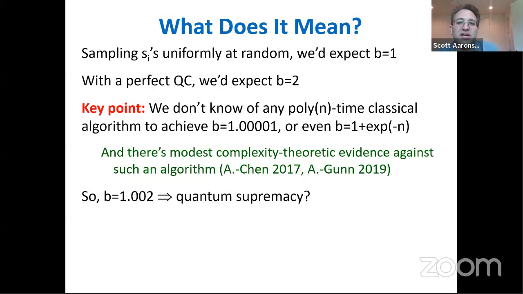Now, the key point is that we do not know of any polynomial time classical algorithm that would spoof these samples, that would produce samples S1 up to SK, given the circuit C, in a way that would achieve a B value that was even slightly bounded above 1, like 1.00001, for example, or even 1 plus 2 to the minus n.